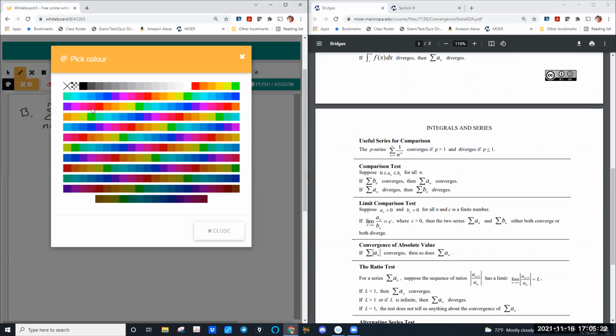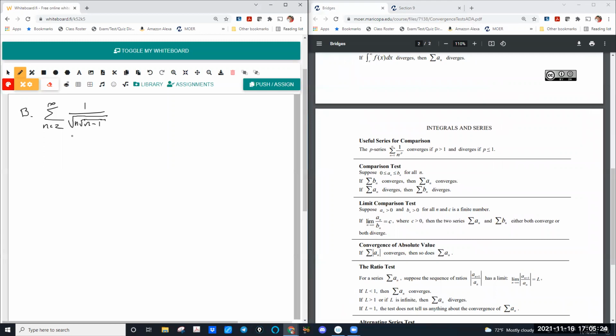Now we do the same thing that we did back when we were doing it with the improper integrals. The minus 1 is the thing that's keeping this from looking like a P series. So I'm just going to focus on the lead terms. These are going to be what makes the difference in this one.